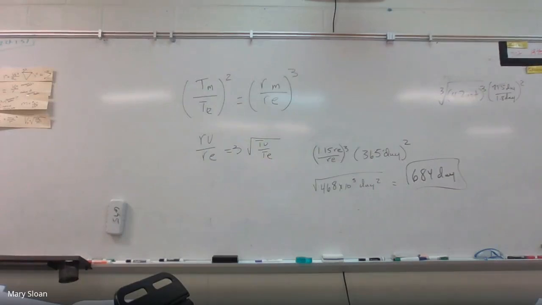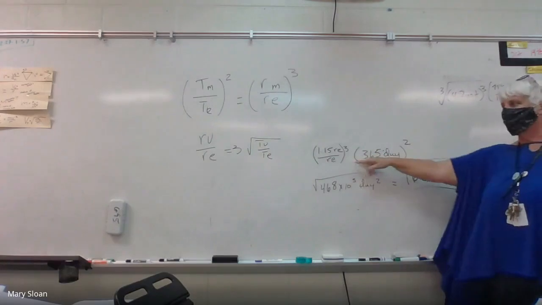So you did that by itself, 1.15 cubed over 1? Yes, ma'am. I don't know then. Mad at myself with my calculator. Feel lost. So when you multiplied these, what did you get?